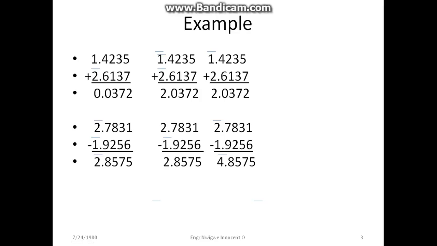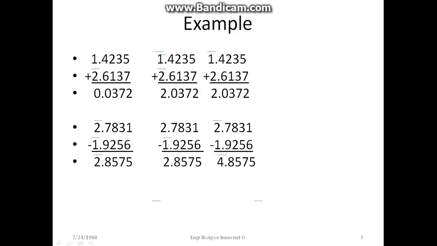bar 2.7831 minus bar 1.9256, we'll be having, since 1 cannot minus 6, we borrow 1 from 3 and give it to 1 to become 11. 11 minus 6 is 5. Then 3 will now be left with 2. 2 cannot minus 5.